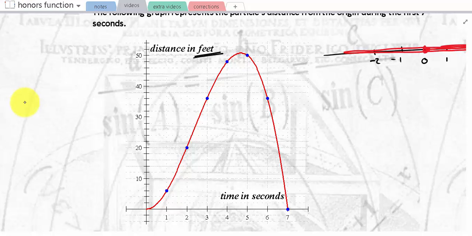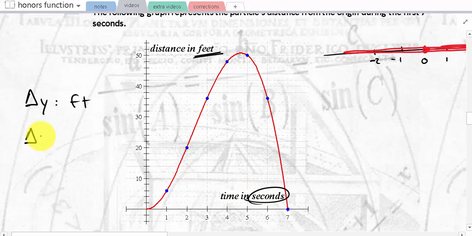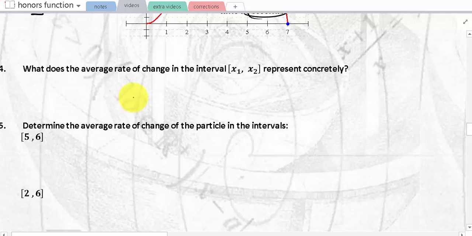And so delta y will be in feet, and delta x will be in seconds. And so the ratio delta y over delta x will be in feet per second. That's what we call a velocity, okay? Speed if you want, velocity is more accurate. So the arc represents a velocity.